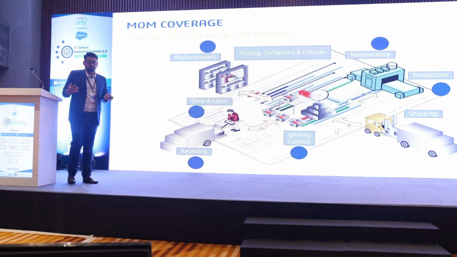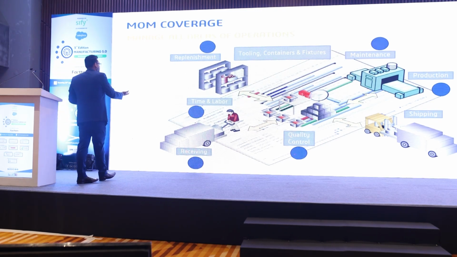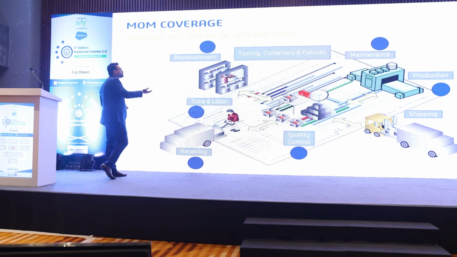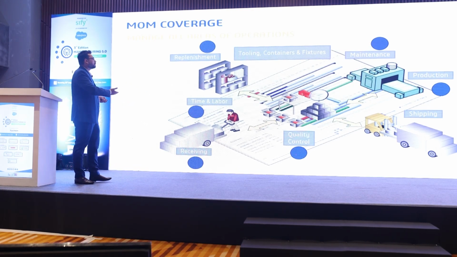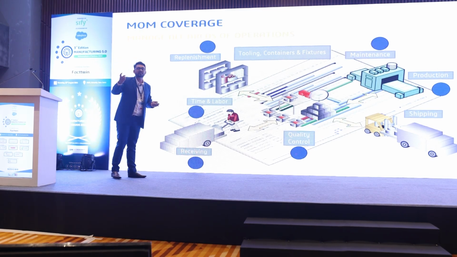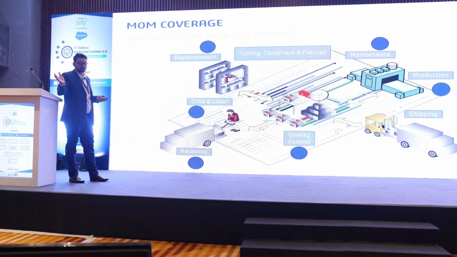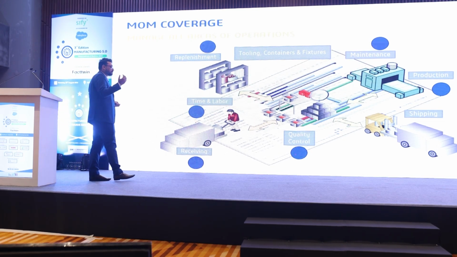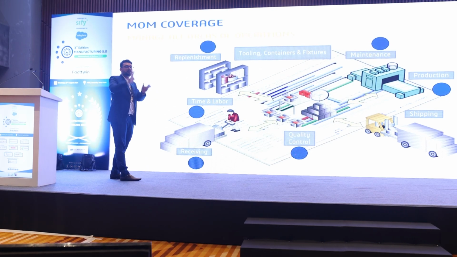So an MOM integrates everything that is needed for manufacturing, right? From receiving to your labor management, to your replenishment and inventory management, from your manufacturing, your preventive maintenance, your tool life maintenance, and everything. From your production, of course, all the machines are connected, and to when you load the finished good to the truck.